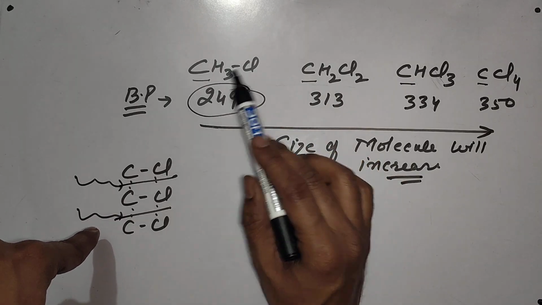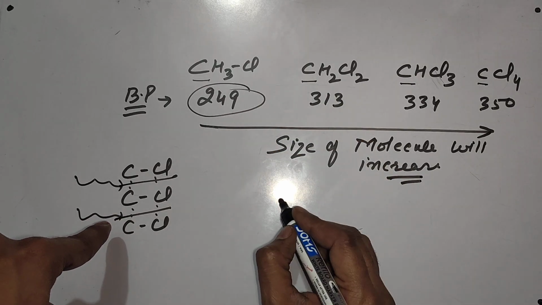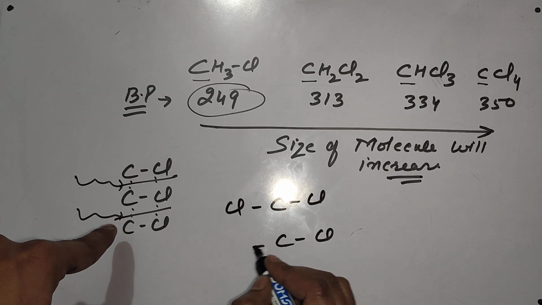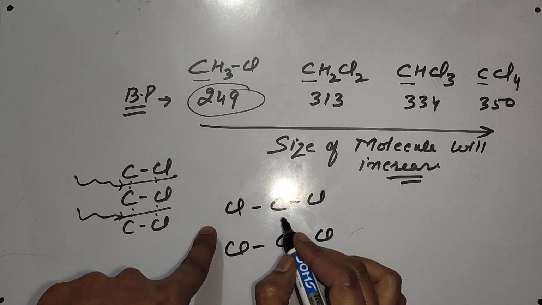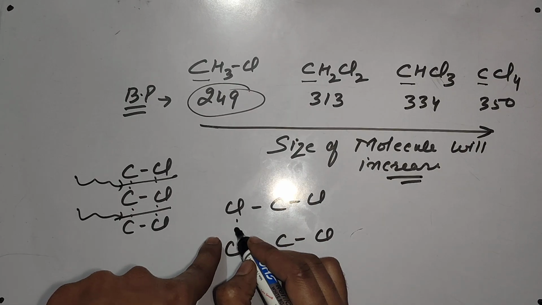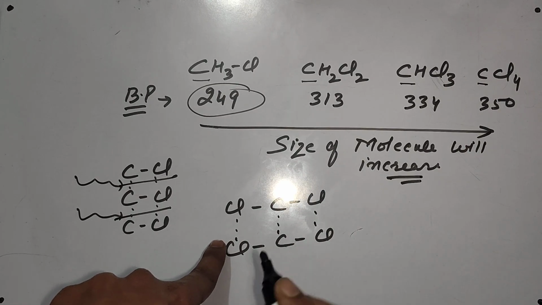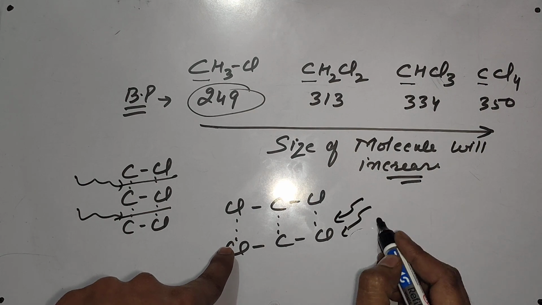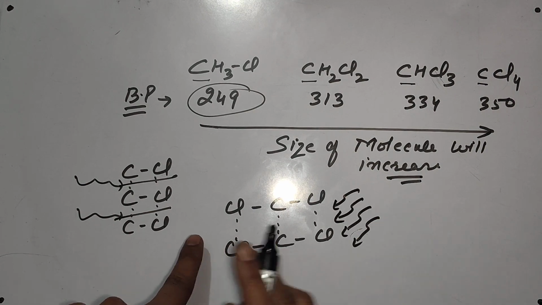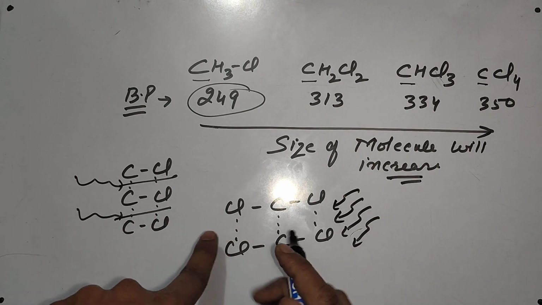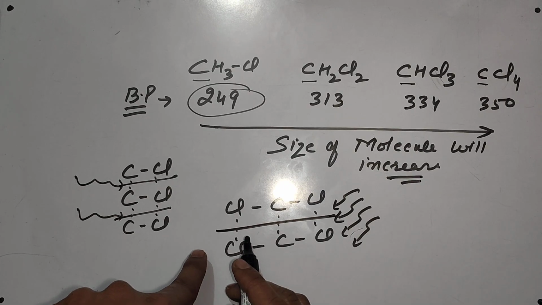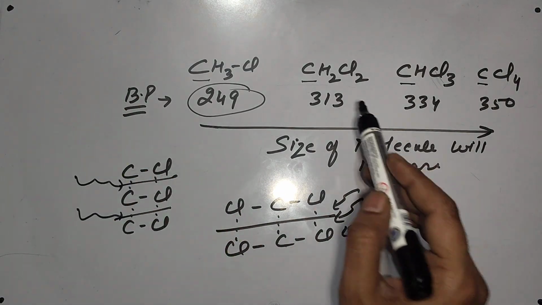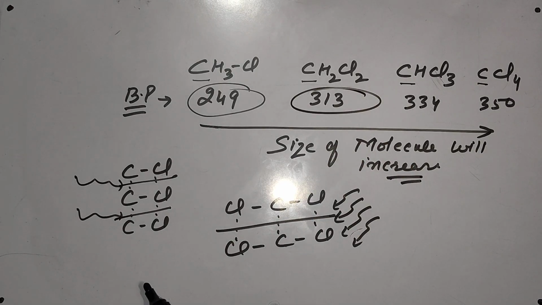But if I move to this one, two chlorine atoms are there, due to which the size is increased, and increased size will increase van der Waals forces of attraction. So here we will require high heat energy as compared to the previous one to make them apart and turn them into gaseous form. That's why the boiling point is 313.